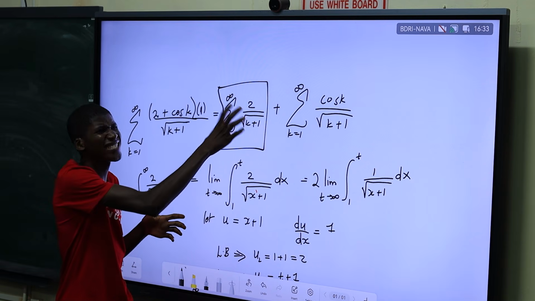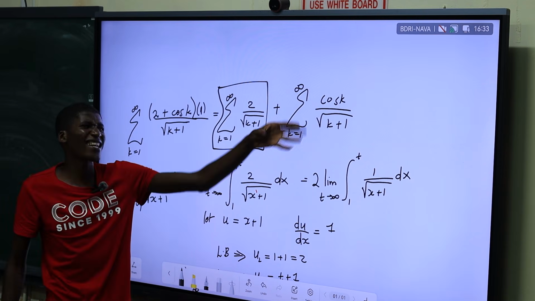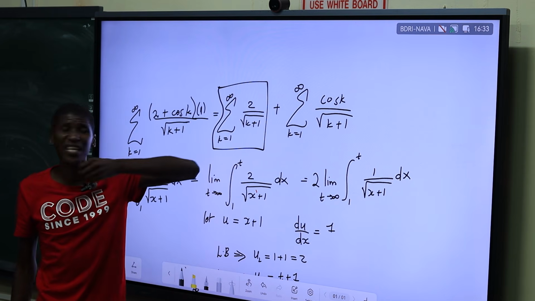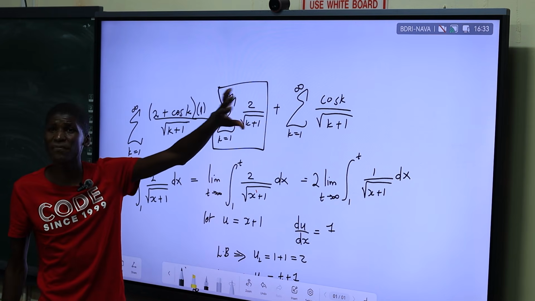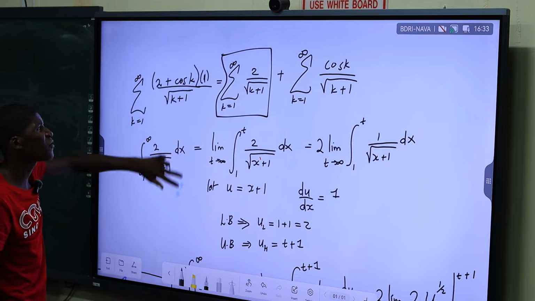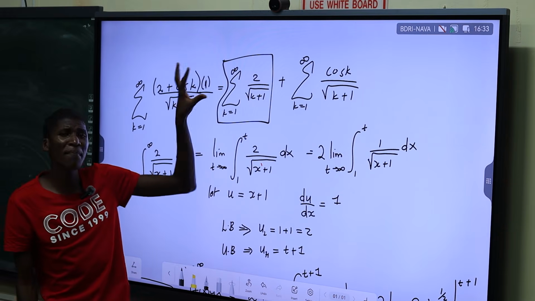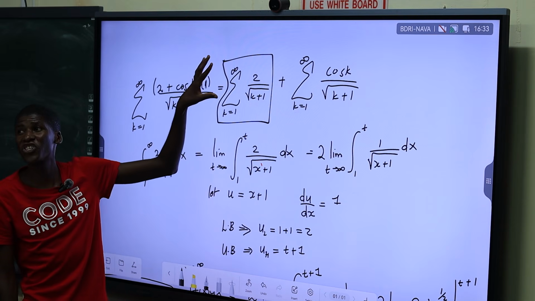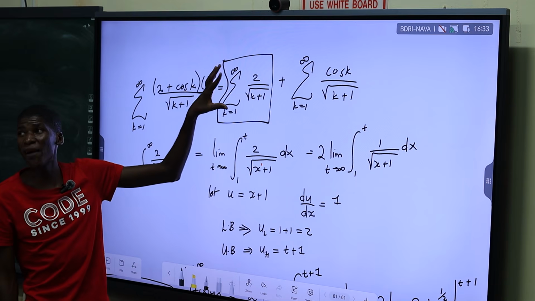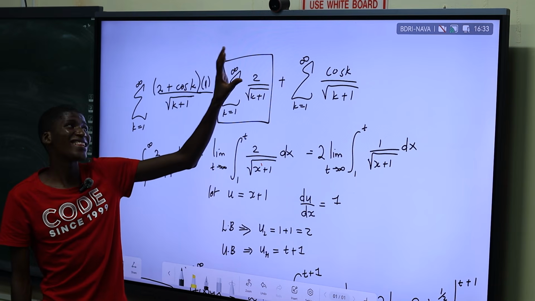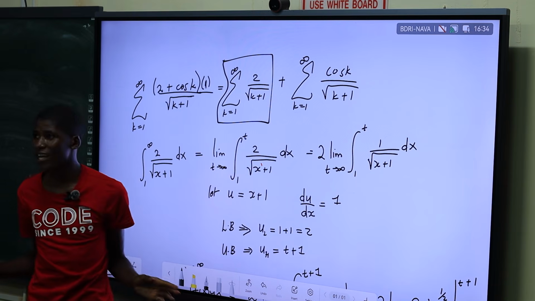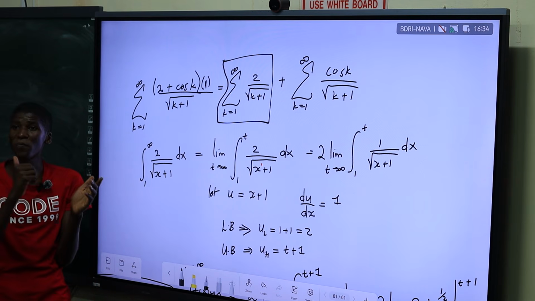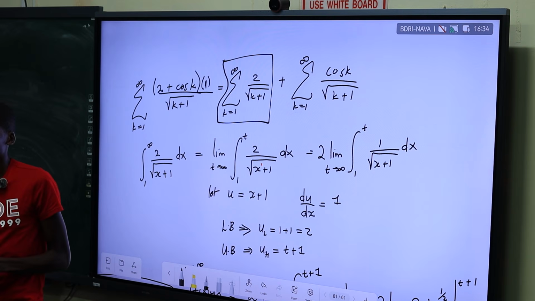So if this part doesn't have a sum, even if the other converges, it doesn't really matter. We are just going to say, okay, therefore, this sum, since one part of the sum is diverging, then the other part doesn't matter. Whether it's converging or not, this entire combination will also be diverging.